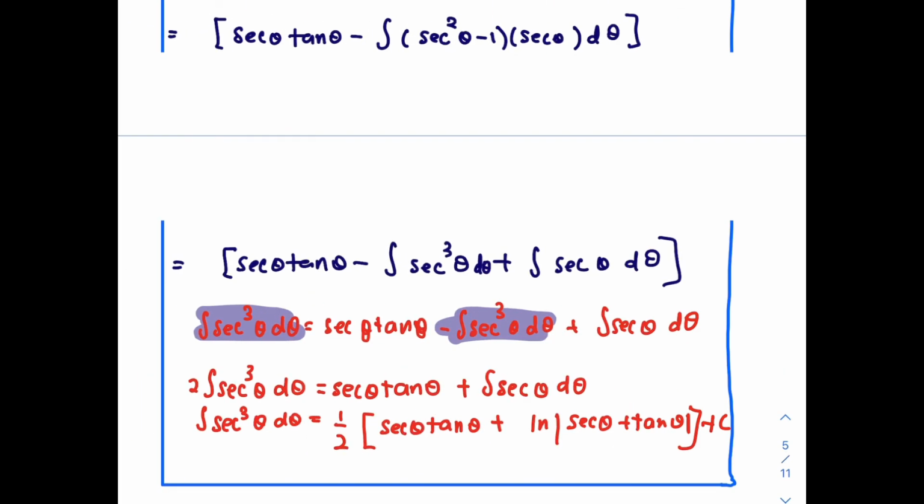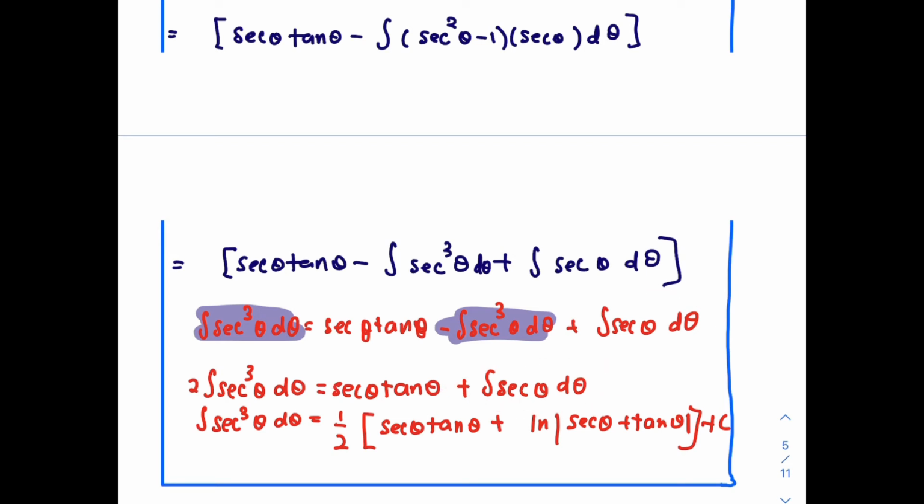Now let's take the question again: the integral of secant cubed theta d theta. This is equal to this. And I hope you can see that this is the same term. So this is a special case of IBP. Along the way, you'll have the question back. So let's solve this one. Just bring this to your left hand side. So we have 2 times the integral of secant cubed theta d theta, and for your right hand side, you're left with secant theta tangent theta plus the integral of secant theta d theta.